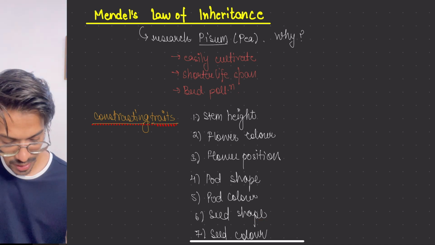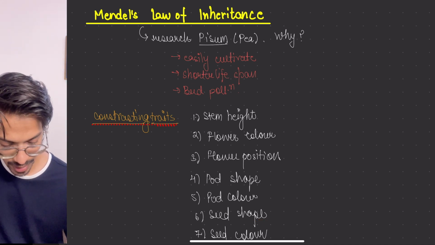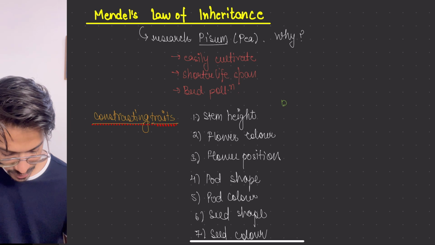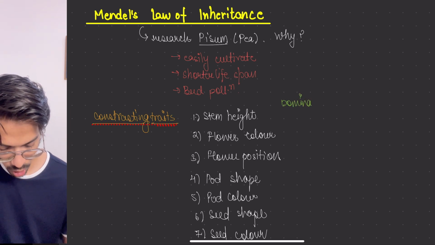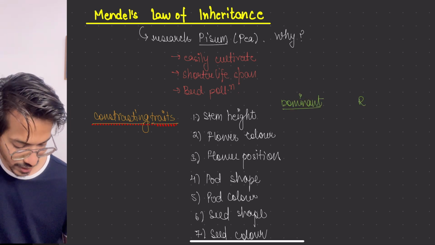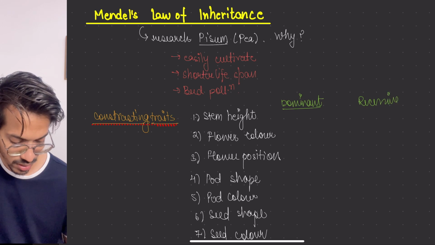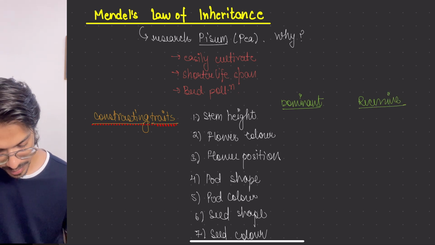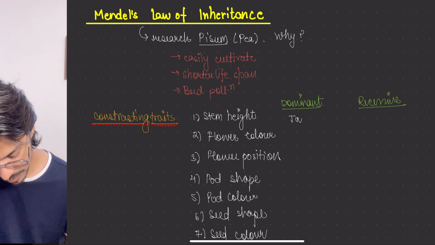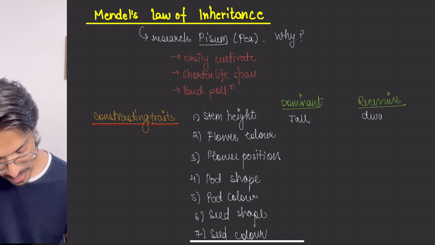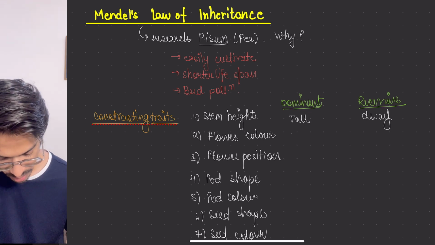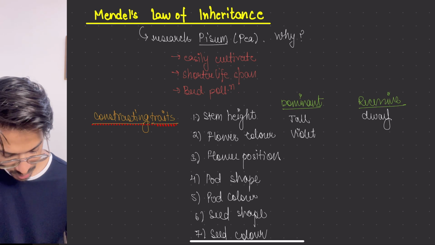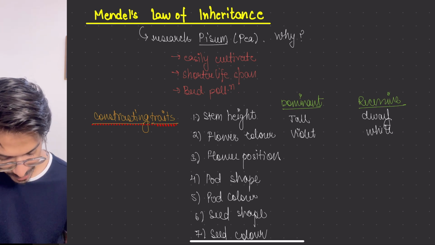Now if someone asks what are the contrasting characters, first I'm going to write all the dominant ones and the recessive ones. This you have to remember at least. Dominant for height would be tall, recessive is dwarf. Then for flower color, dominant is violet, recessive is white.